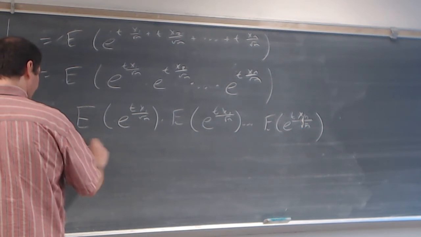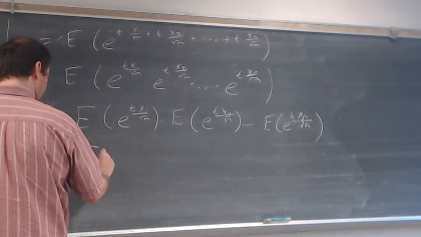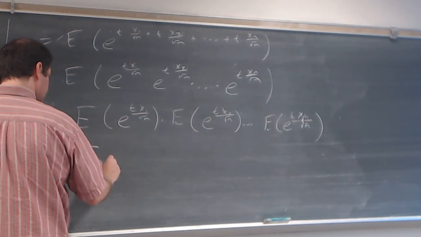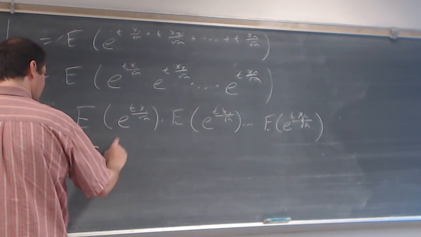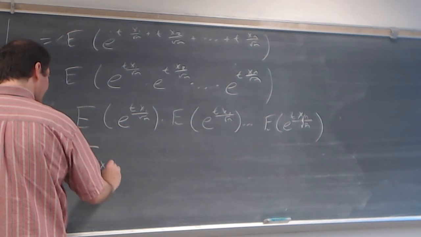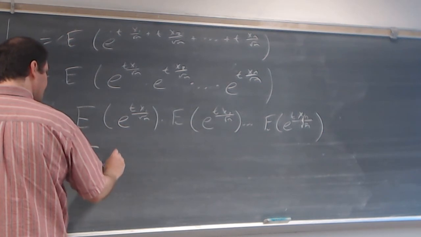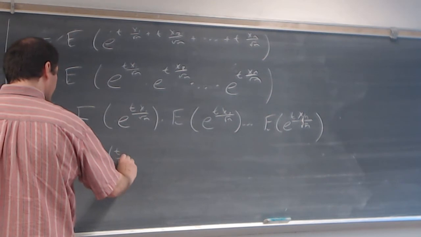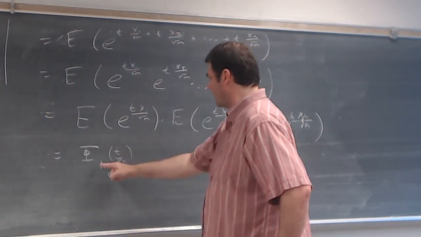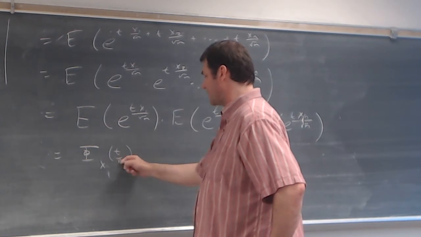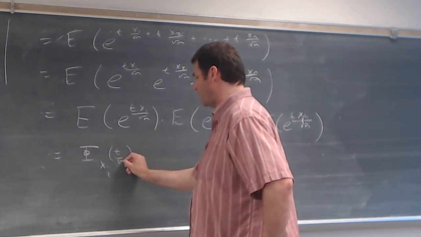And so here's what I'll write. Here's the way that it can be thought of. You could think of this as phi sub x sub 1 of t over the square root of n. So here we're thinking of this phi being evaluated not at t, but at t over the square root of n. What would that be?